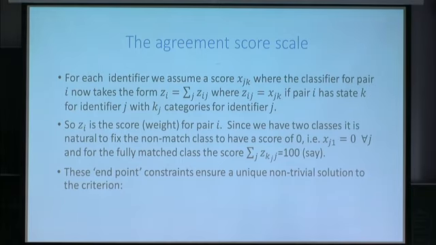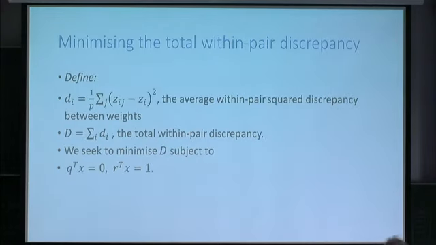So Z is the score for pair I, or the weight, if you like. And I've already said this, we've got 2 classes, so Z is going to vary between 2 fixed endpoints which we're at liberty to fix, and I'm going to suggest that we have 0 and 100 for convenience. And these endpoint constraints in my system are of course essential, because it's those that provide identifiability in a non-trivial solution, which is described, hopefully, on the next slide.